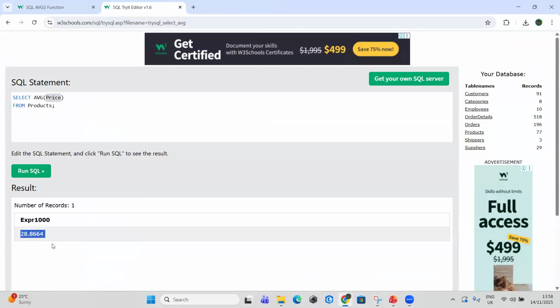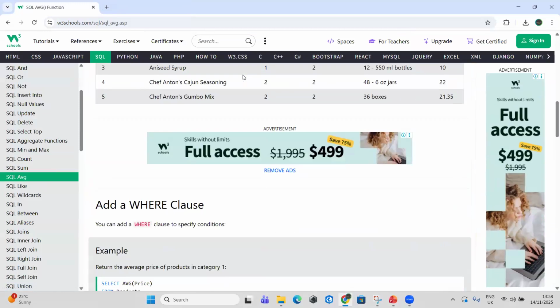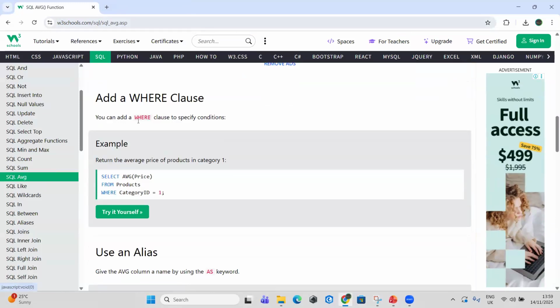Maybe this average can be used if you have a college and the students are being placed at different packages, so the average package you can calculate using SQL from your database. You can add category ID here, like for category ID 1, what is the average?